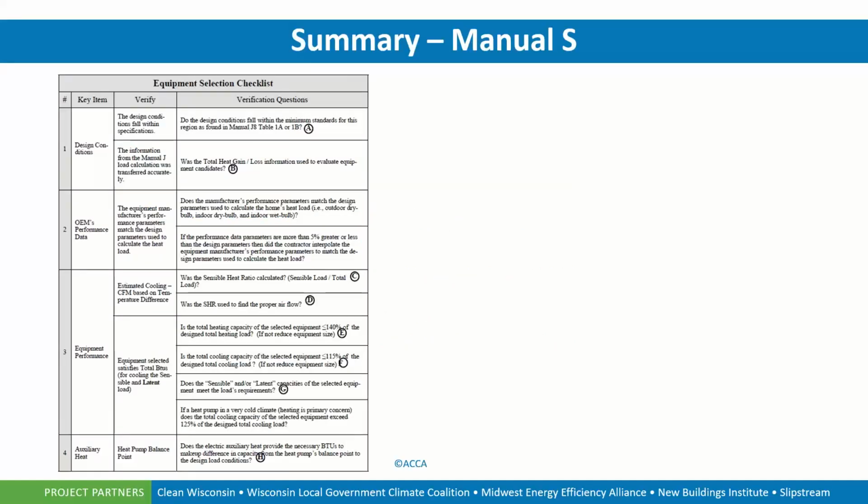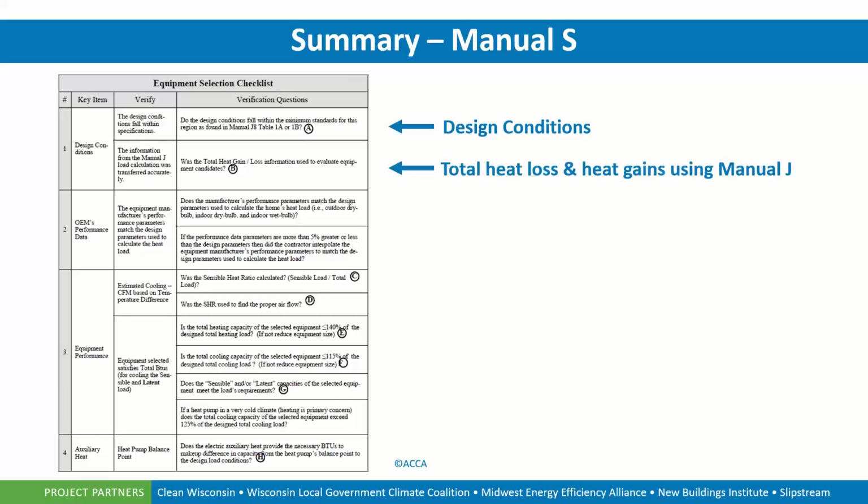So with the Manual S, we're going to get our design specifications, design conditions from the Manual J. Get that total heat loss, heat gain calcs, right? Then we look at our manufacturer's performance data of the equipment. So if we have a specific manufacturer in mind, then we say, hey, we want to use this furnace.